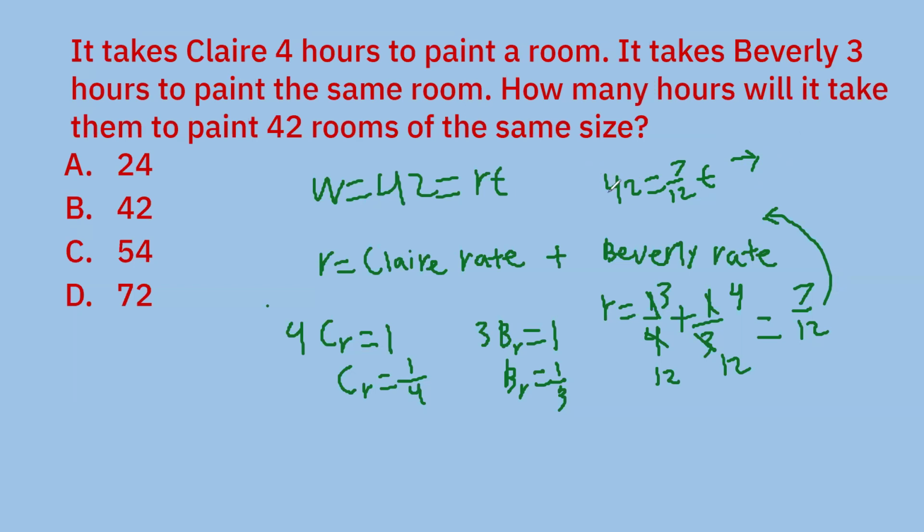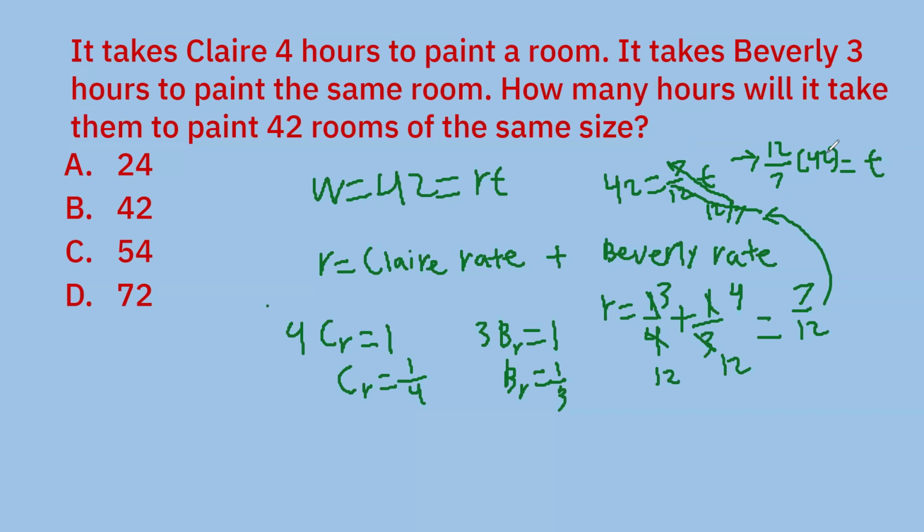So we're going to multiply and get 12/7 times 42 equals T, because you're multiplying by the reciprocal, right? So multiply by 12/7 here. So this cancels. So 42/7. Before we multiply, I like to cross cancel, right?